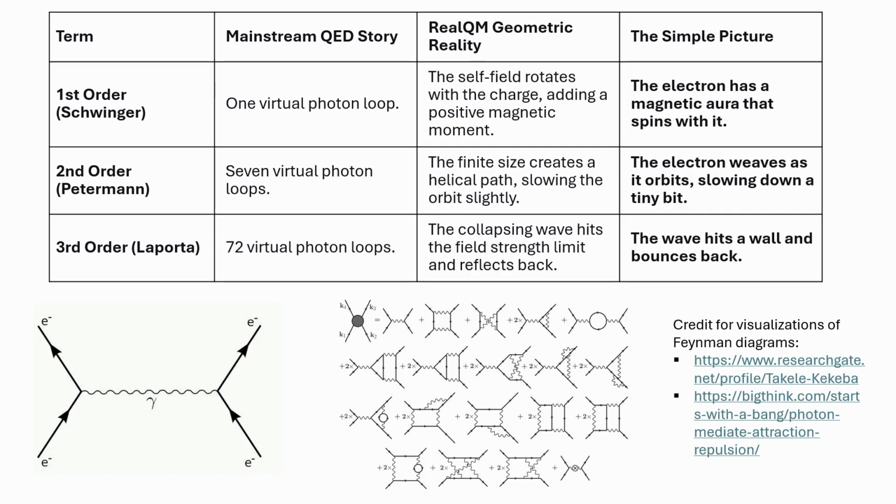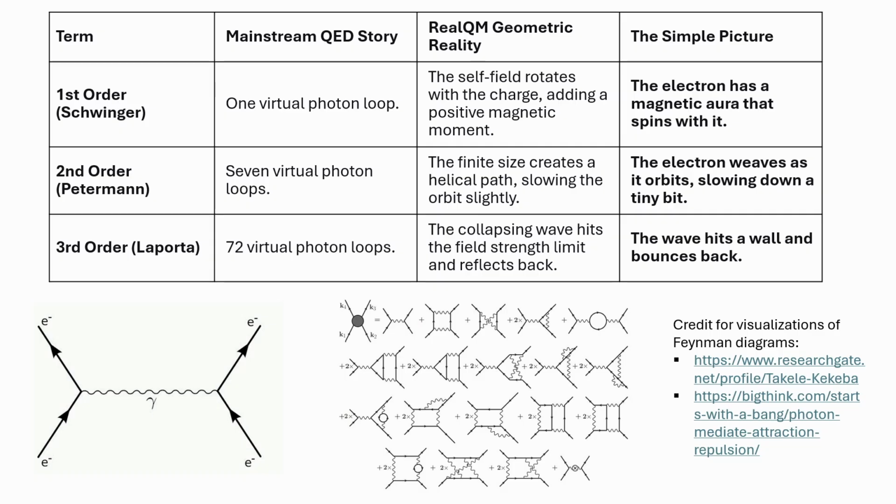The second-order corrections come from velocity corrections, as I'll explain. We get a helical path for each infinitely small charge element within that point-like charge. And that slows the orbit slightly.